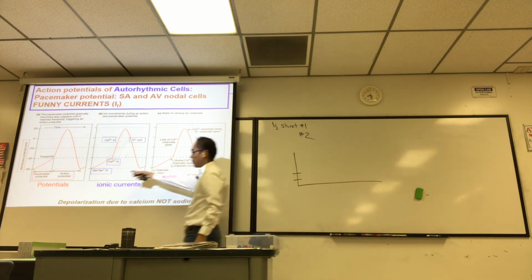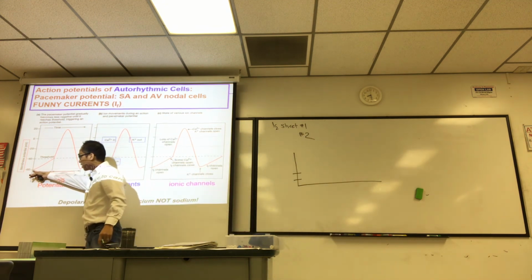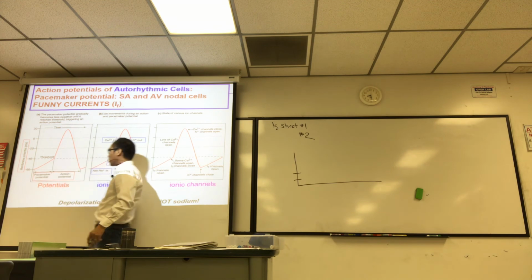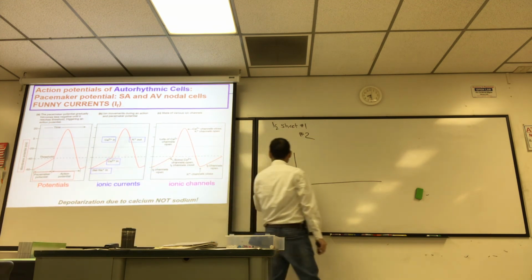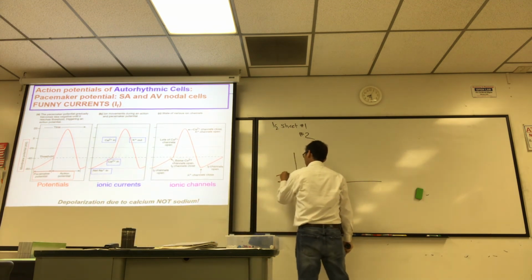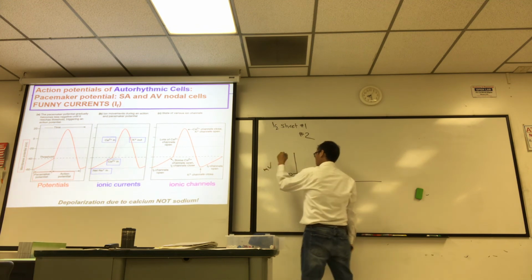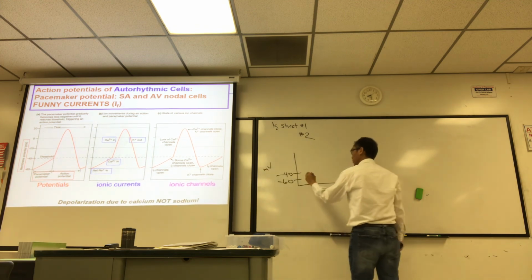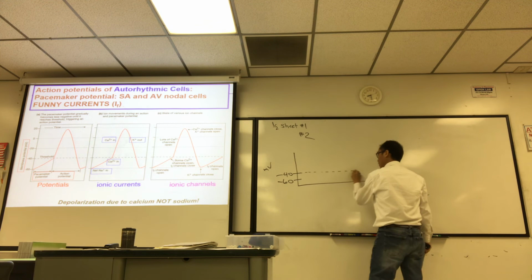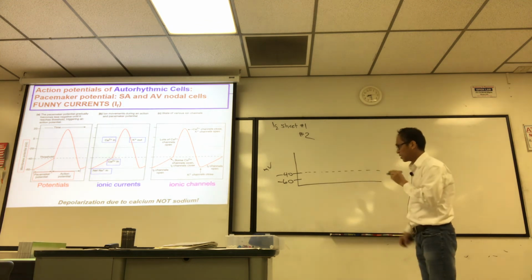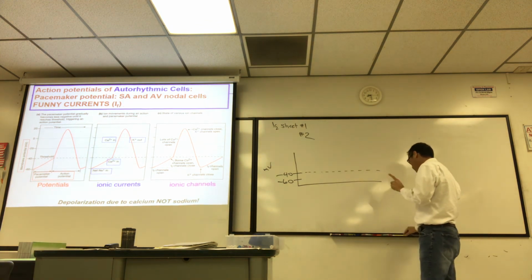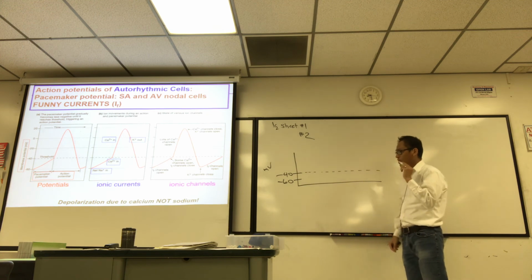You probably can't read it in the back. They start way down there, at -60 on this graph. And they go to -40 millivolts. They're going to call that their threshold potential. I'll just draw a dotted line here. That's enough depolarization to get an action potential. So what we said prior is that the pacemaker potential is carried primarily by sodium currents.